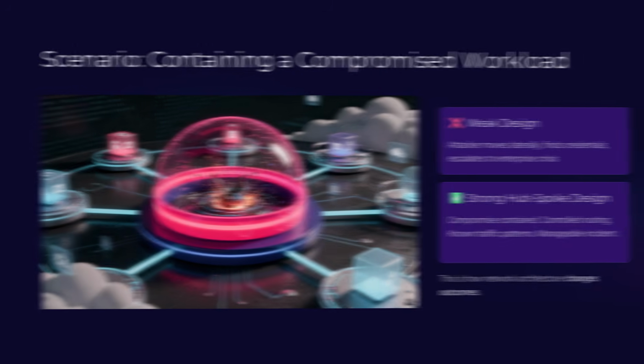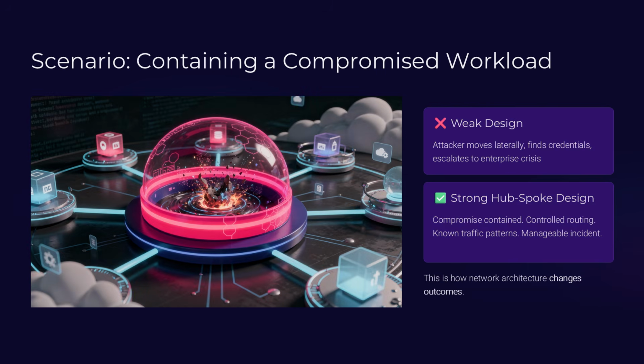With supportability in mind, you now bring the architecture to life. Imagine one workload in a spoke is compromised through an application vulnerability. In a weak network design, the attacker moves laterally to other spokes, finds credentials, and escalates. In a strong hub and spoke design with segmentation, controlled routing, and restricted east-west traffic, the compromise is contained.